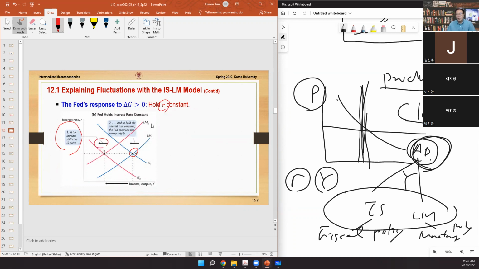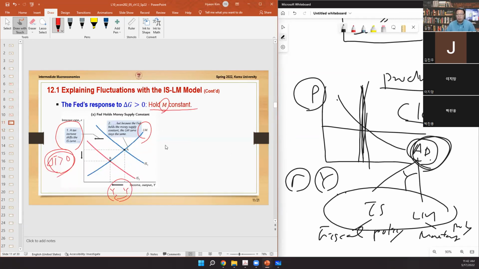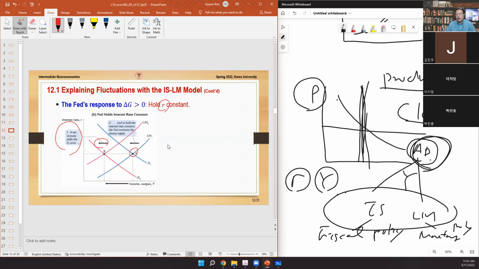In the previous case, since their goal was to keep the money supply constant, they didn't take any action. But now they would like to maintain the same level of real interest rate. If they didn't take any action, they will end up at this point, which means a lower interest rate.